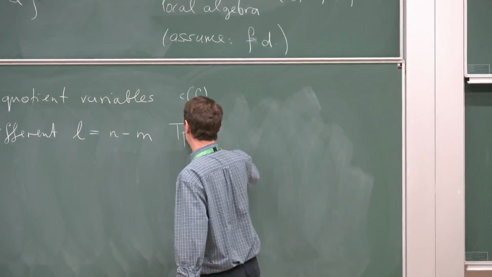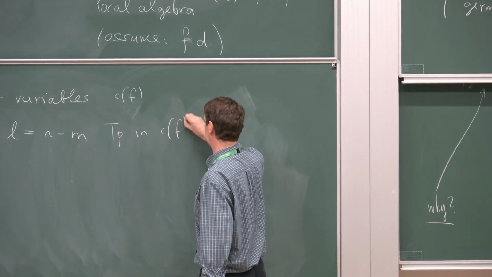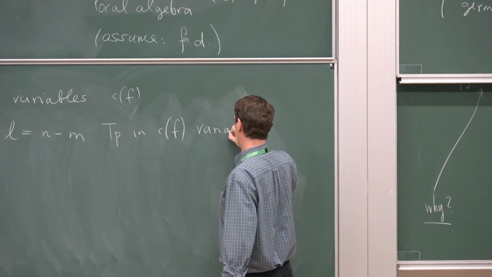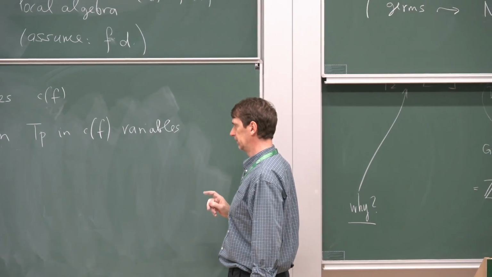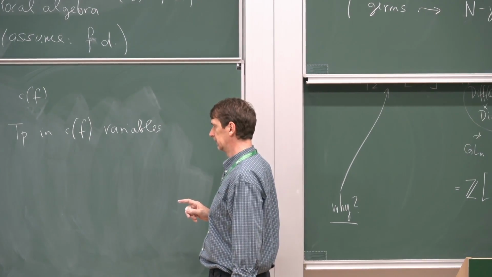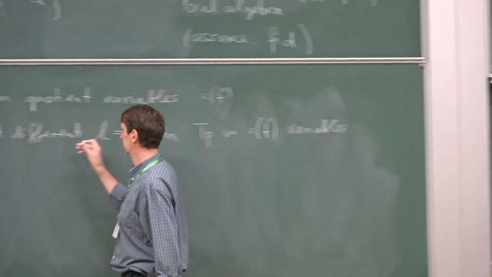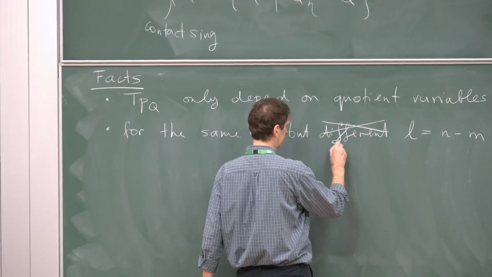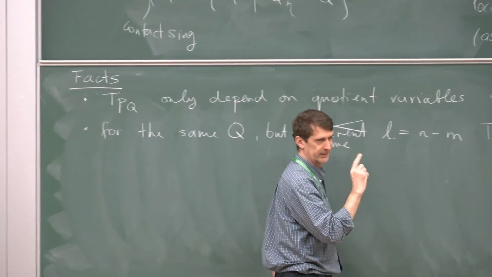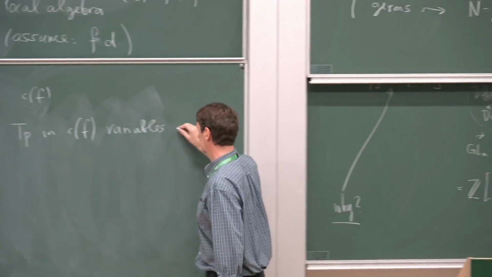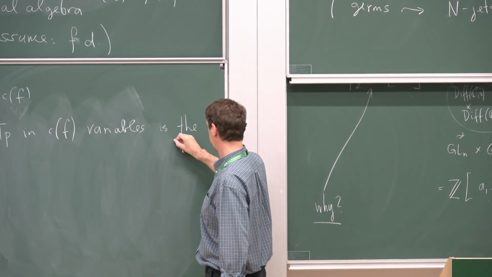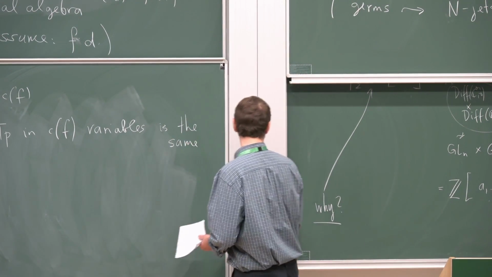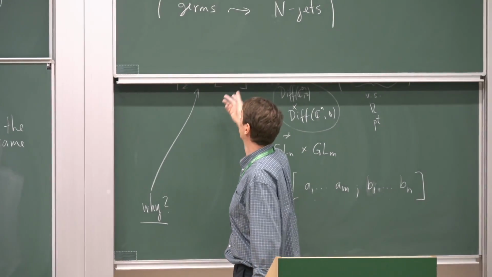The Thom polynomial in c of f variables is the same, for the same L, in a certain sense, which I'm going to illustrate by an example.